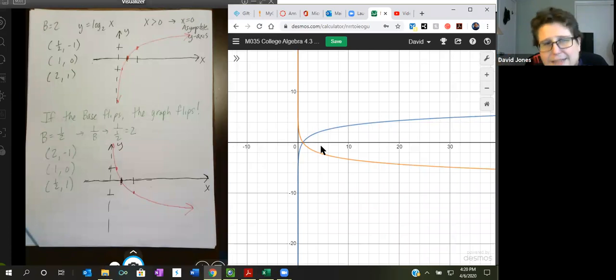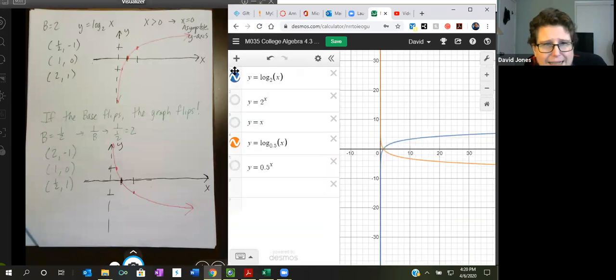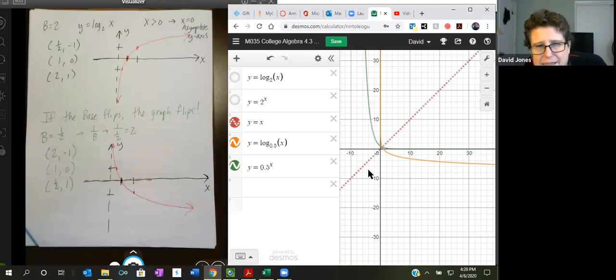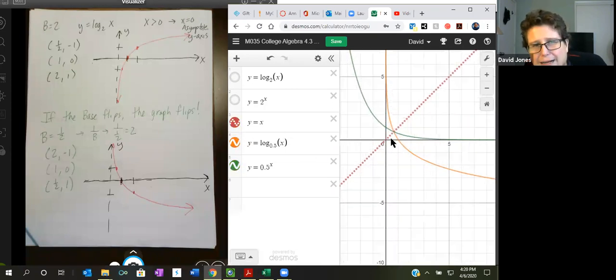That's how we basically solve them. And we can look at that last one. We can compare it to the exponential. And we put our line of symmetry in, and you can see it's a reflection right across that y equals x line. Good stuff.